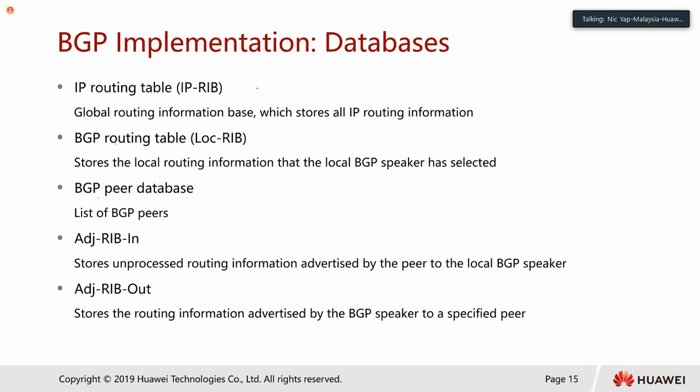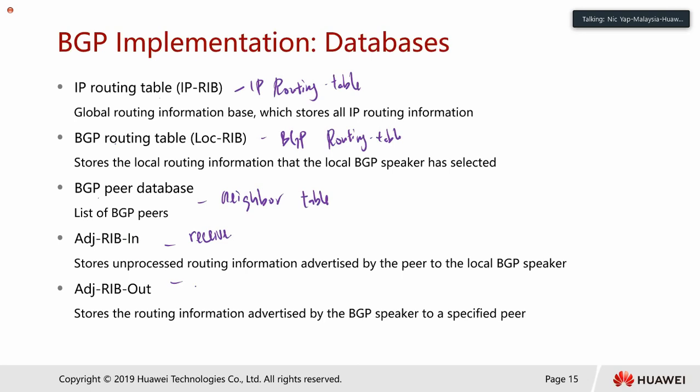This is our normal IP routing table, and that is our BGP routing table. This is the neighbor table, the peer table, and this is Adj-RIB-In and Adj-RIB-Out. This is facing where you receive the route and where you send the route. This is the RIB-In. You store the routes that you receive.